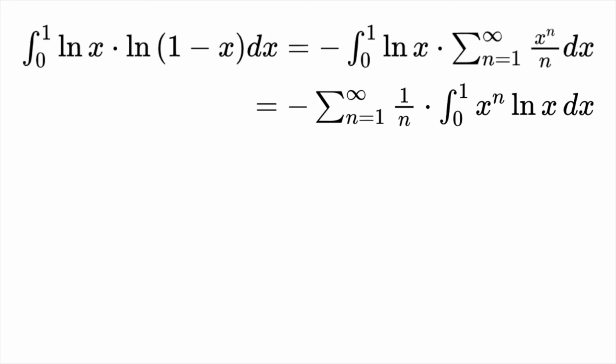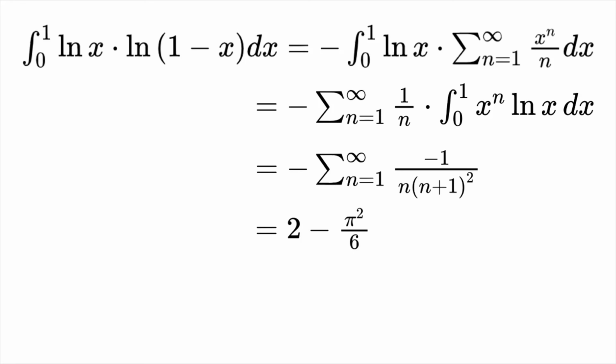We know the result of the integration is minus 1 by (n plus 1) whole square. So our equation becomes the summation over n from 1 to infinity of 1 by n into (n plus 1) whole square. So the result becomes 2 minus pi square by 6.